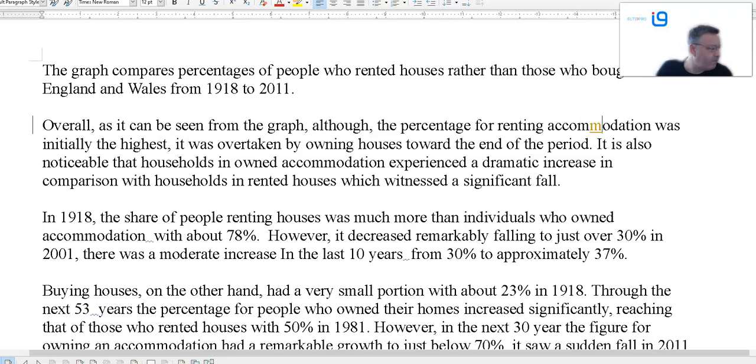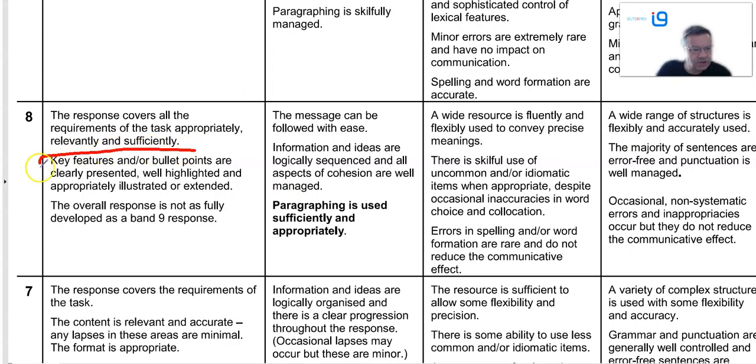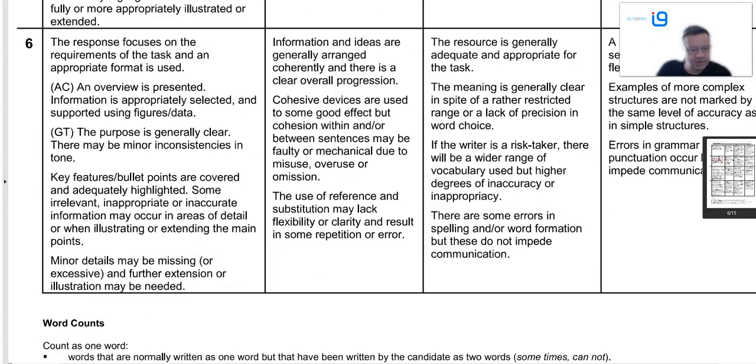Right, now you've got to identify your key trends and features. I shouldn't have to show you this again, though I will do. I've got it somewhere about the criteria. This is task 1. Okay. So you need key features clearly presented and highlighted, key trends.